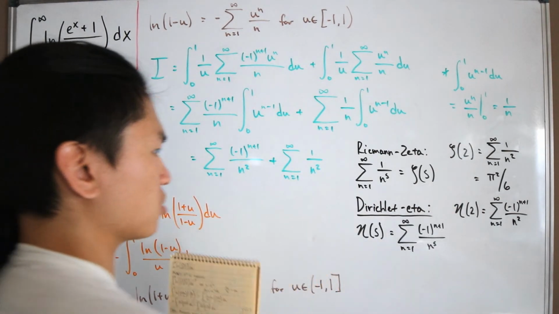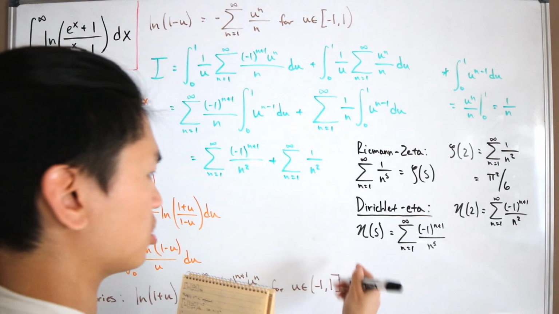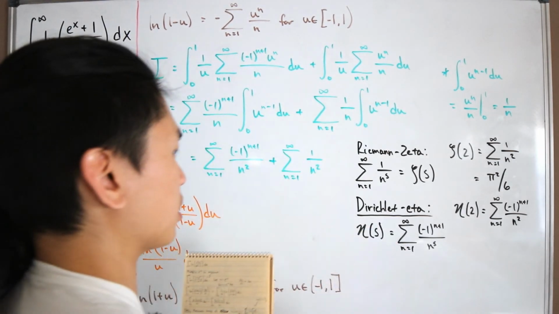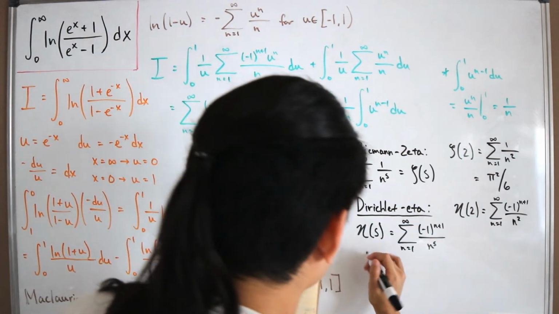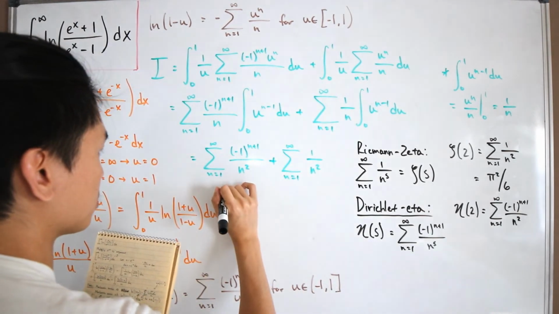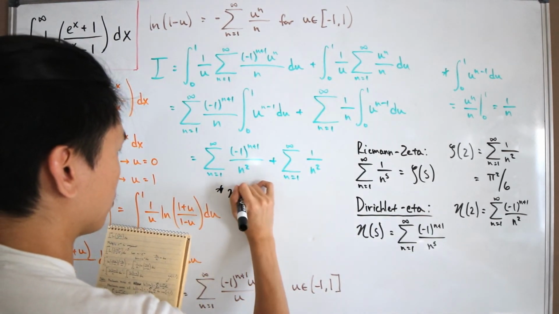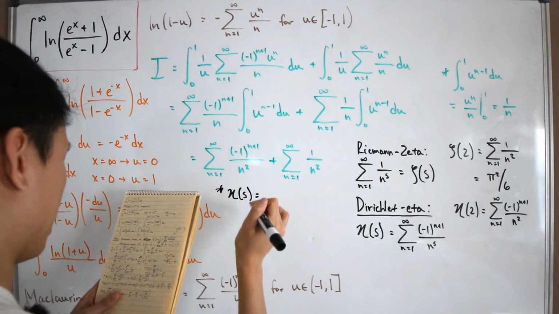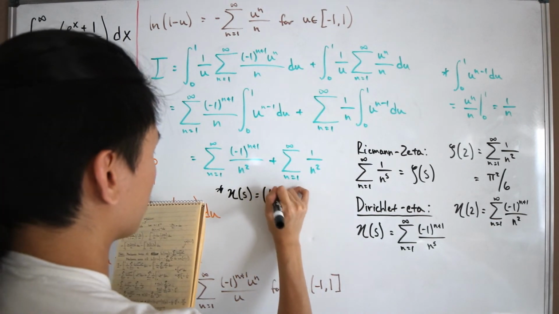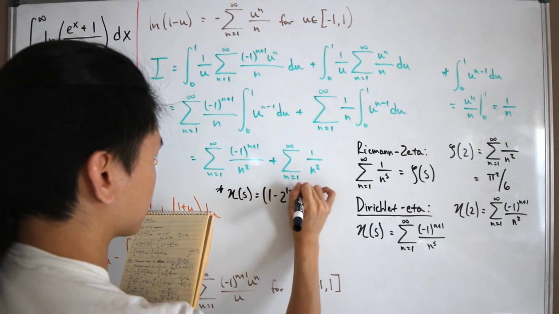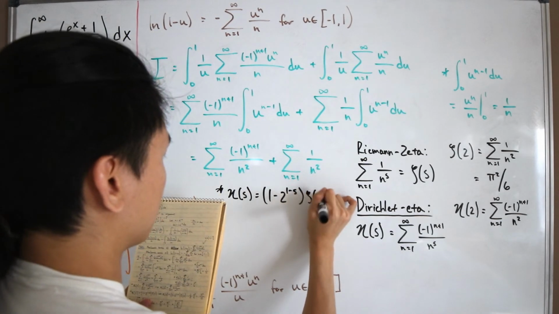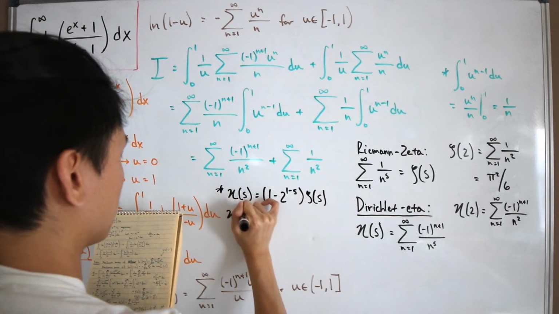What we can do is use the relationship of the functional equation of the Dirichlet eta with respect to the Riemann zeta function. And what that comes down to is this line over here. So the eta of s is going to equal 1 subtract 2 to the power 1 subtract s, then multiplied by the Riemann zeta of s. And we just plug 2 back here.